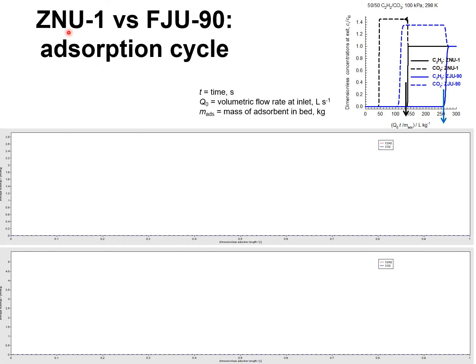For ZnU1 and FJU90, the transient breakthroughs are shown in this graph, where the dimensionless concentration at the adsorber exit are plotted against the parameter Q0T divided by the mass of adsorbent. The black lines represent the simulations for ZnU1, and the blue lines are the simulations for FJU90.